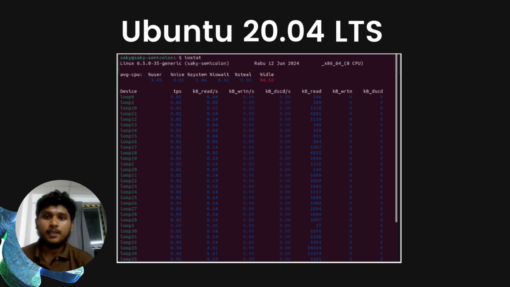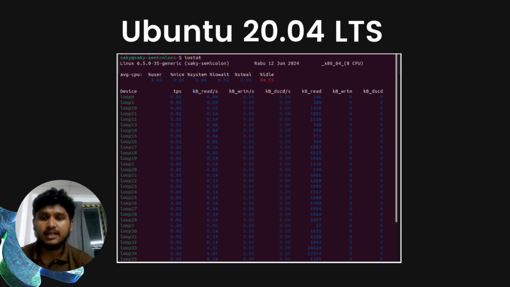Our testing result is shown here. As you can see here, for the user it is 3.43, and the idle was 94.55, and the other portion is very low. For user it is 3.43, and for others it is 1% and even lower than 1%.